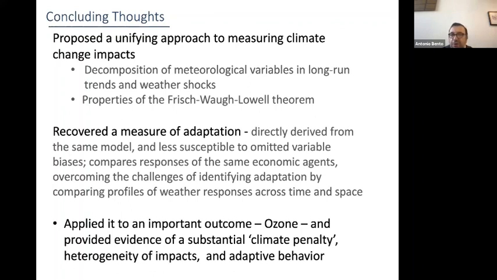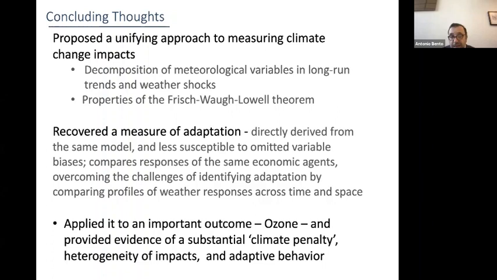It allows you to recover a measure of adaptation from the same estimation equation that overcomes problems of omitted variable biases, but actually more important, it doesn't rely on assumptions because you're actually comparing the responses of the same agents as opposed to having to make assumptions on preferences by comparing profiles of weather responses across space or time.